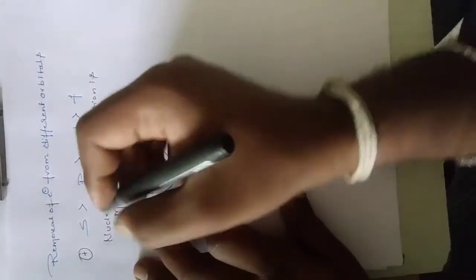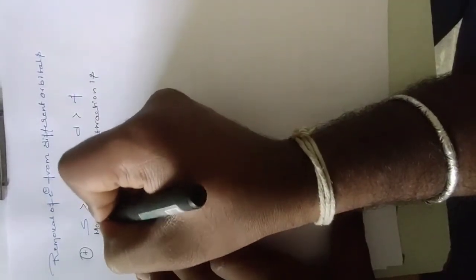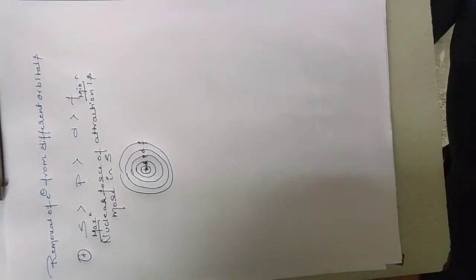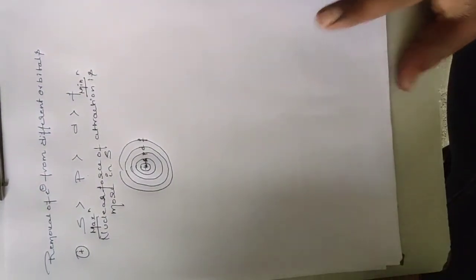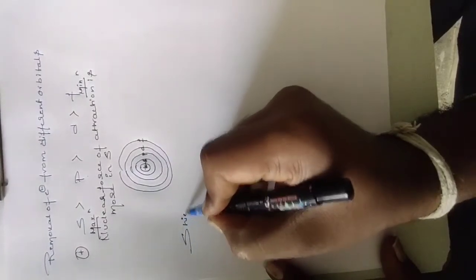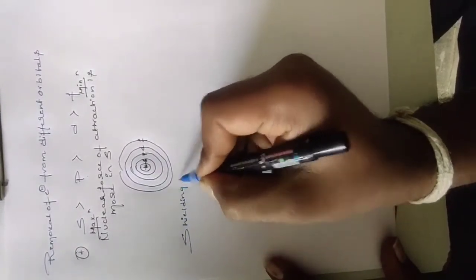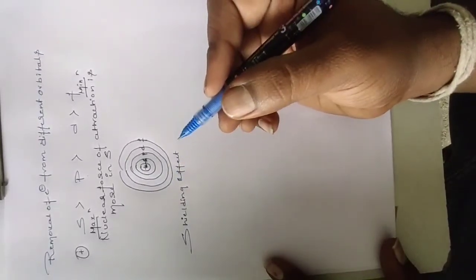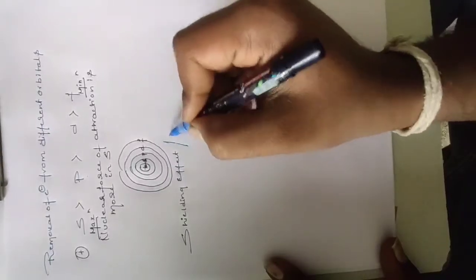The nuclear force will be maximum in s and minimum in f. Okay, next we are going to talk about the shielding effect. Already I told you what the shielding effect is. Now we are going to go deeper into the shielding effect, also called the protective effect or screening effect.